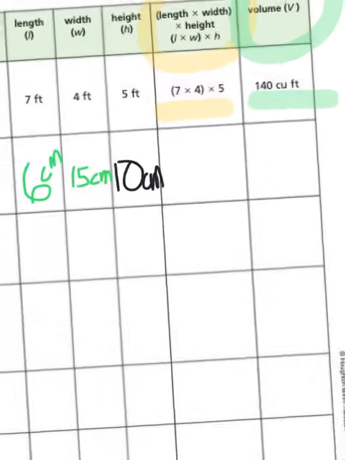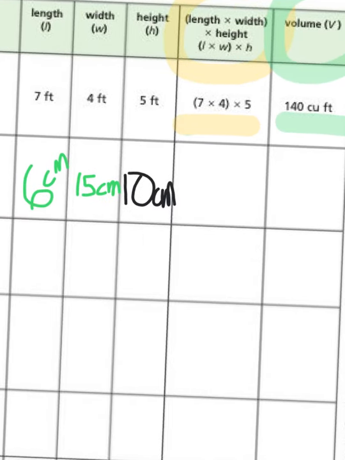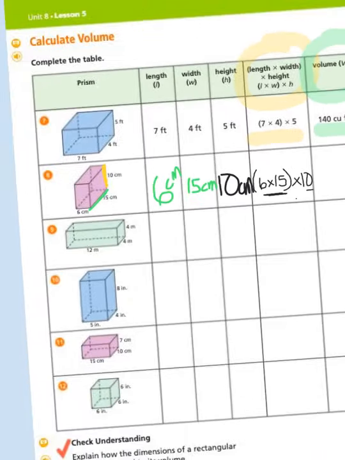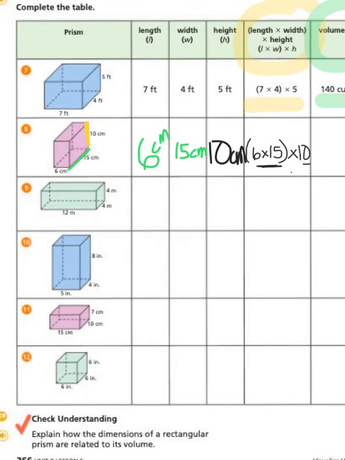So what we're going to need to do is we're going to take 6 times 15, and then we're going to multiply that by 10. And you would have to do 6 times 15 probably on the paper. And since you're multiplying by 10, you would just add 1 more 0. So let's get to the next one so we can figure that one out.